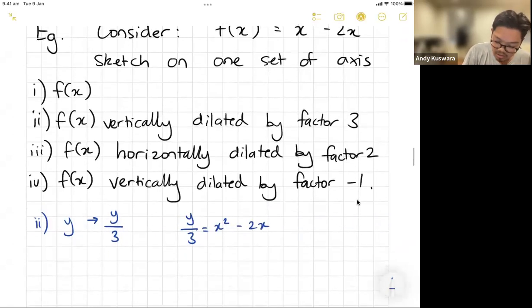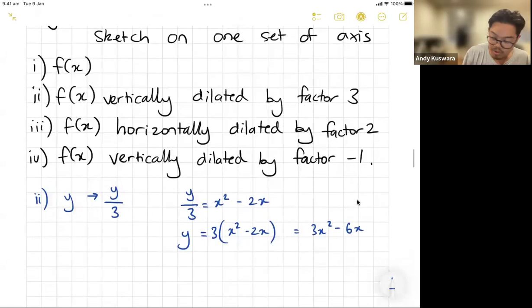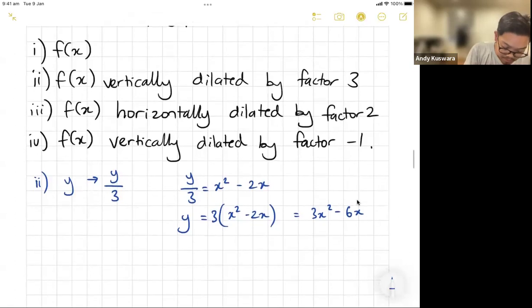And just to make my life easier, I'm going to put the 3 outside, so I'm going to multiply the 3 to both sides. If I really wanted to, I could write that as 3x squared, take away 6x. That would be my vertical dilation. Okay, we'll sketch them so you can see the difference.